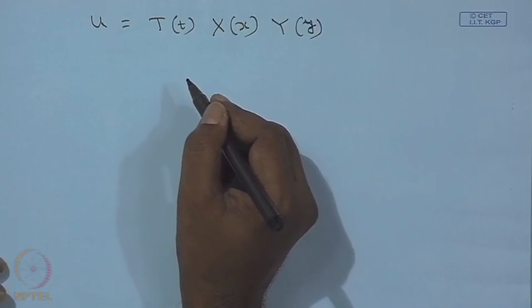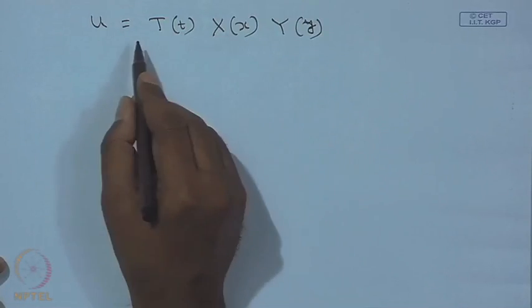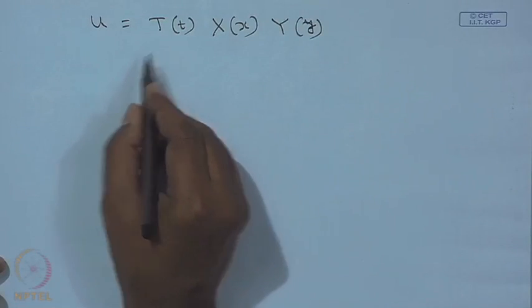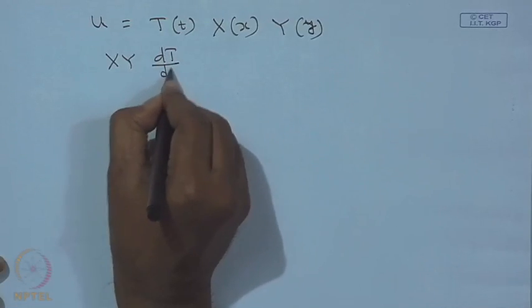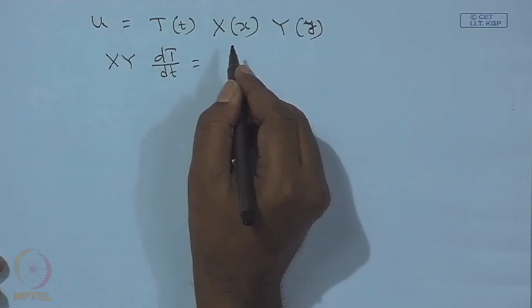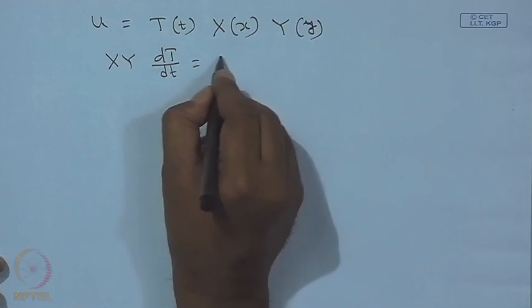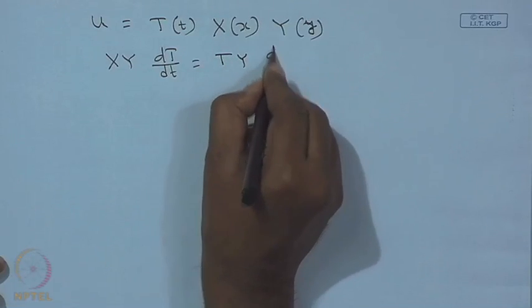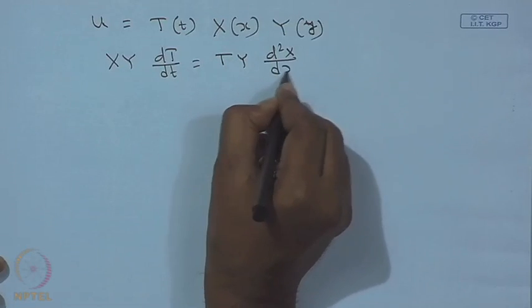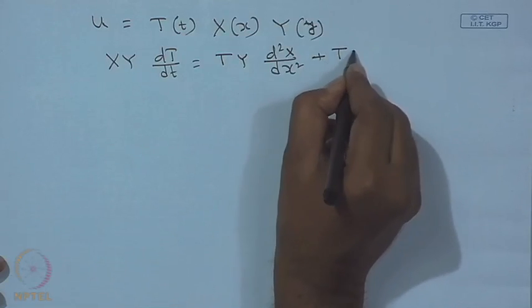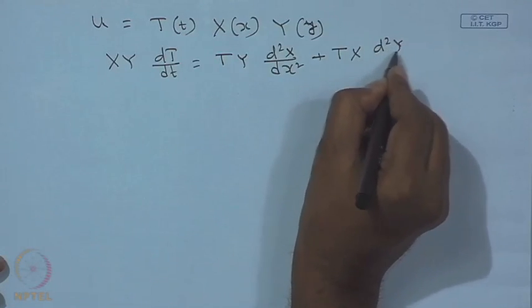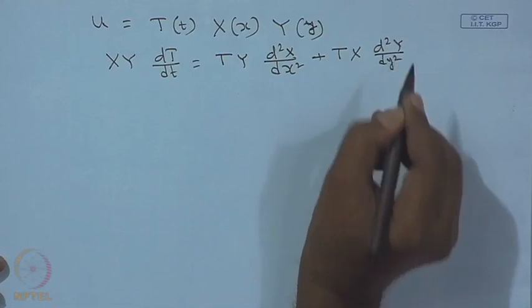So, if that is the case, we put this in the governing equation del u del t. So, this becomes X times Y dT dt is equal to del square u del x square, that means T into Y d square X dx square plus T into X d square Y dy square.